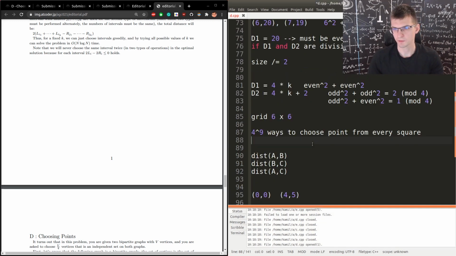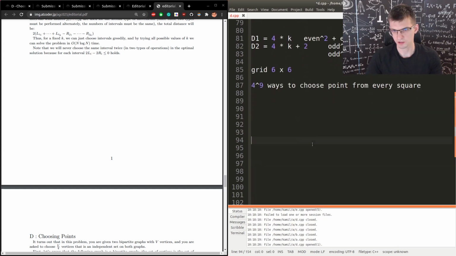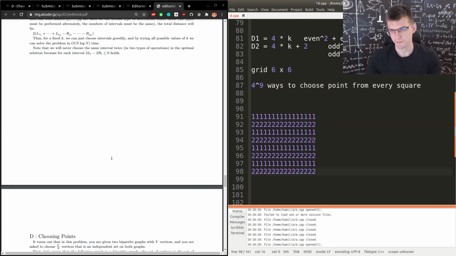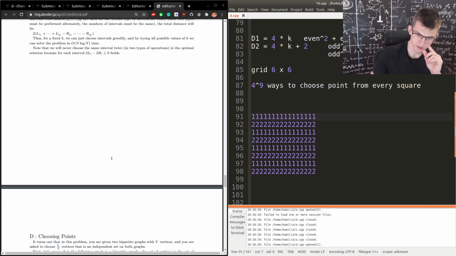Okay. So why is this always bipartite? If I color the grid like this, if both edges are odd, then always one will be connected with two. So bipartite.